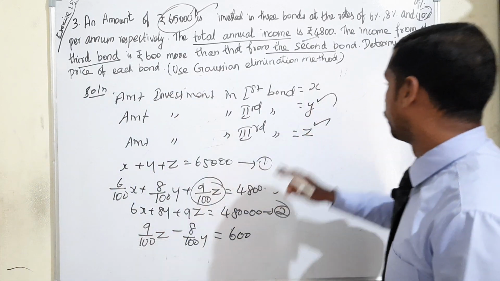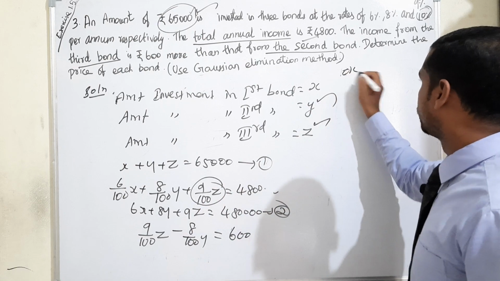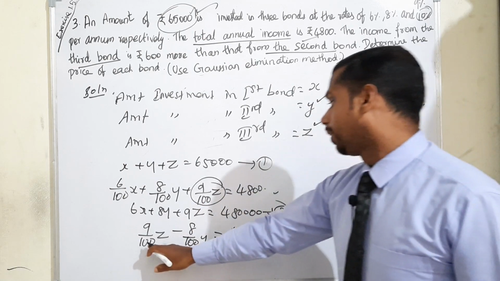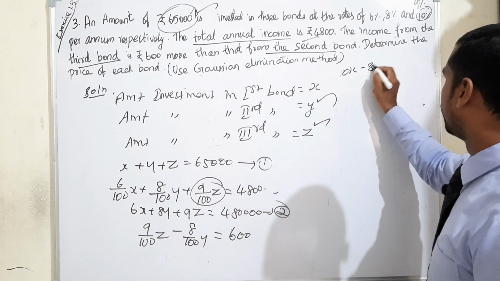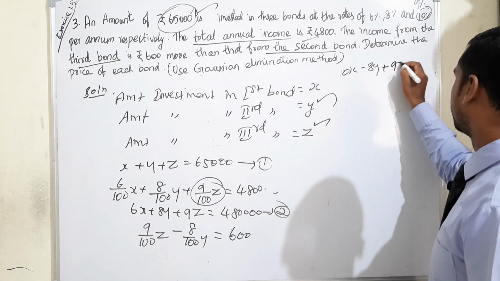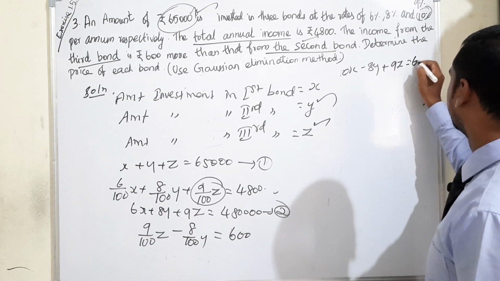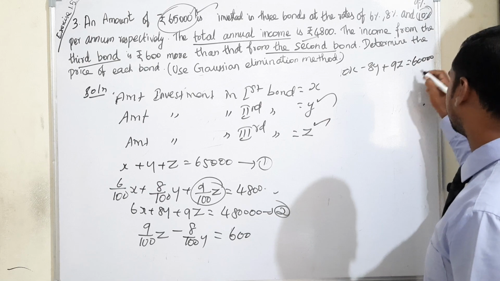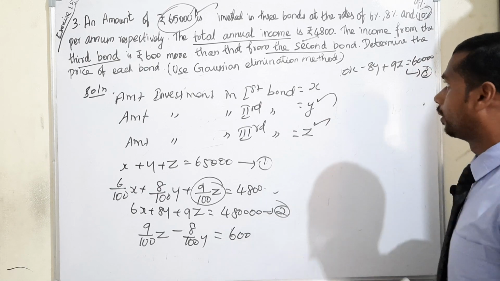X term is not there, so consider 0x. Again, common denominator 100 means minus 8y plus 9z is equal to, add two more 0s with 600. This is considered equation number 3.